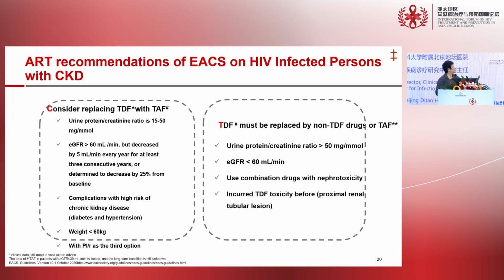If the urine protein creatinine ratio is more than 50, or if the eGFR is less than 60, or if the patient has a history of kidney infection, you have to avoid TDF in the regimen.